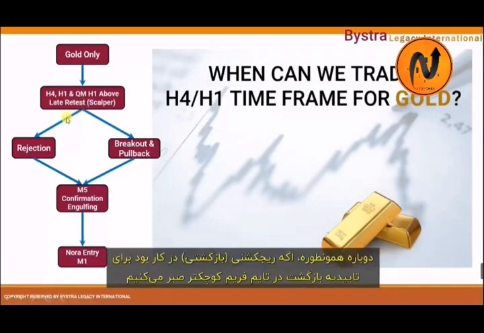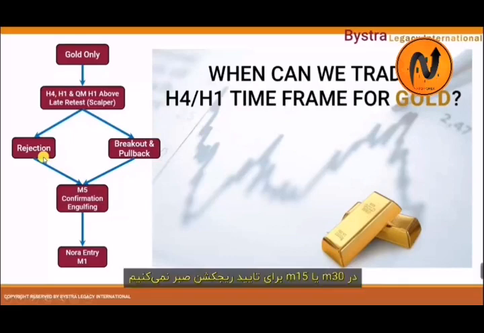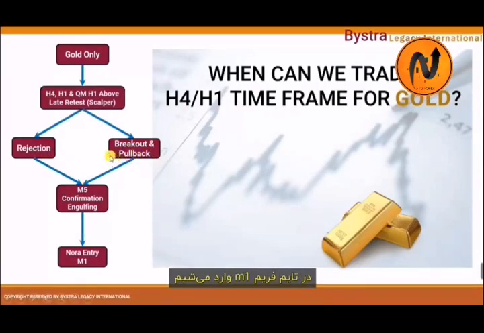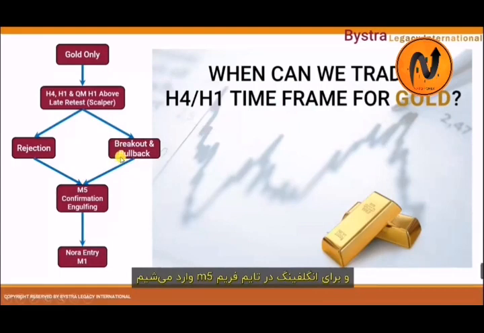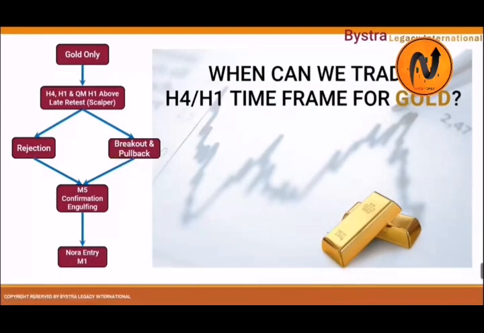If there is a rejection, we wait for confirmation of the rejection in the smaller time frame. We do not wait at the rejection on the M30 or M15. Waiting at the small time frame is sufficient, or the breakout and pullback. Same goes, we will enter at the M1 time frame, with an engulfing at the M5 time frame. I'm going to show you this later on.